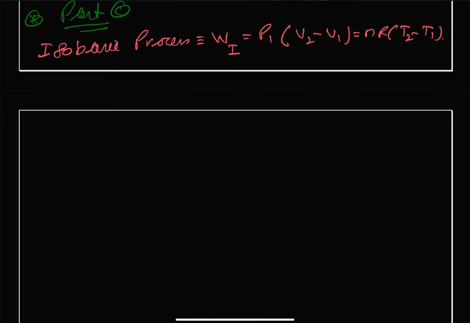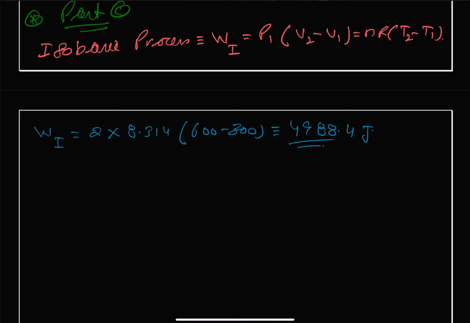Therefore the work done under isobaric will be equal to 2 into 8.314 into 600 minus 300, which gives us 4988.4 joules.